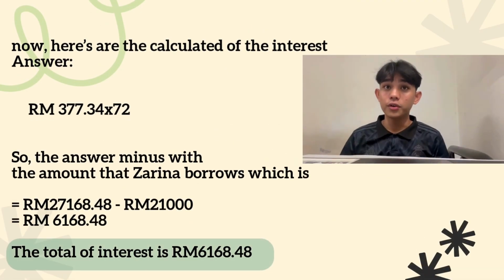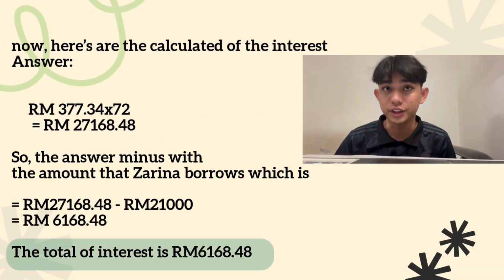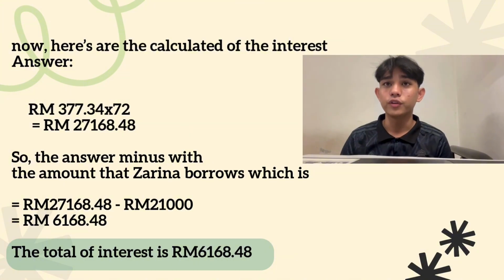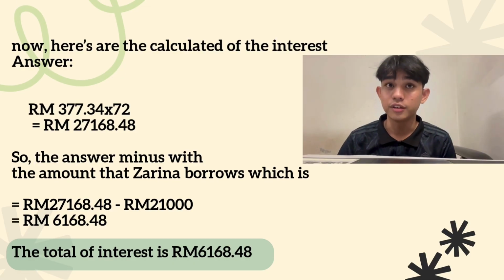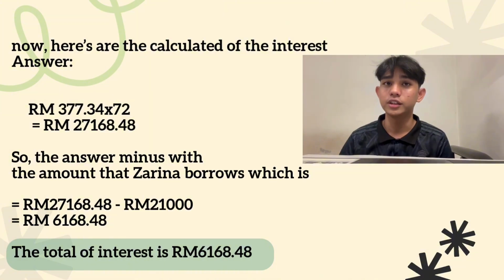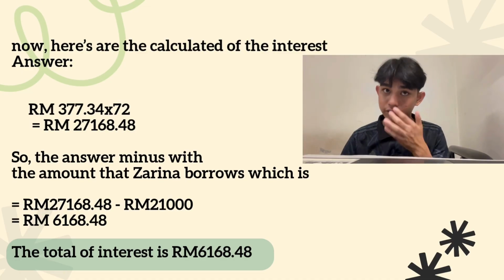Now here is the calculation of the interest. When we want to find interest, we need to multiply the monthly payment by the number of months: 377.34 ringgit Malaysian multiplied by 72, which gives 27,168.548.